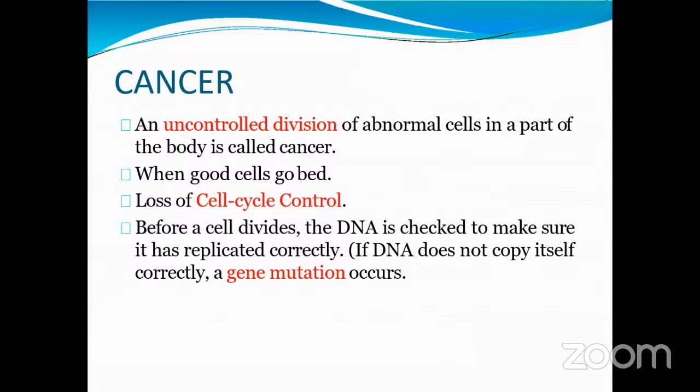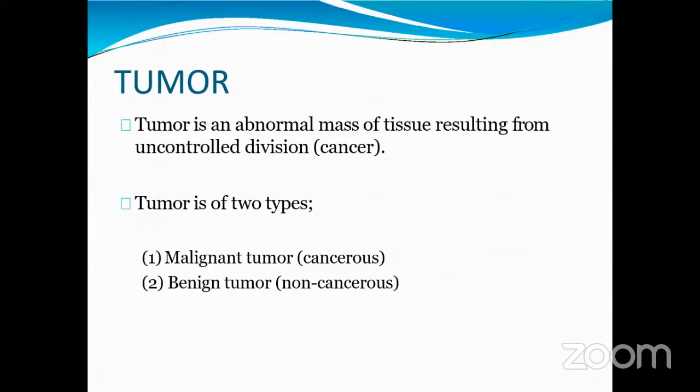If they cannot be repaired, then that cell won't continue to divide and will undergo death. But if that control is lost, it can result in cancer. Before a cell divides, the DNA is checked to make sure it is replicated correctly. If that does not happen and a gene mutation occurs, it can result in cancer.